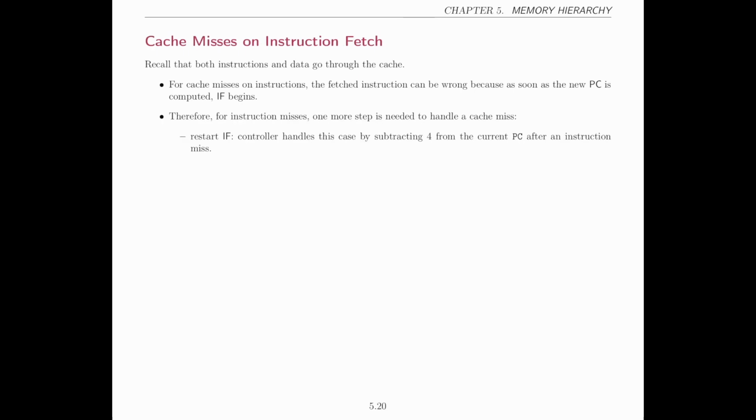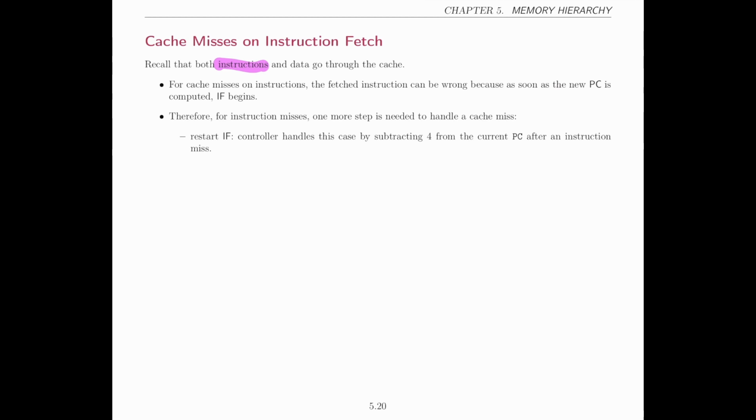There is a small difficulty here that has to be added. You remember that the instructions, just like the data, are going to be in the cache. When you have a cache miss on instructions, because we have a pipeline system, by the time you detect that there has been a cache miss, you might have already fetched the wrong instruction from the cache, right?